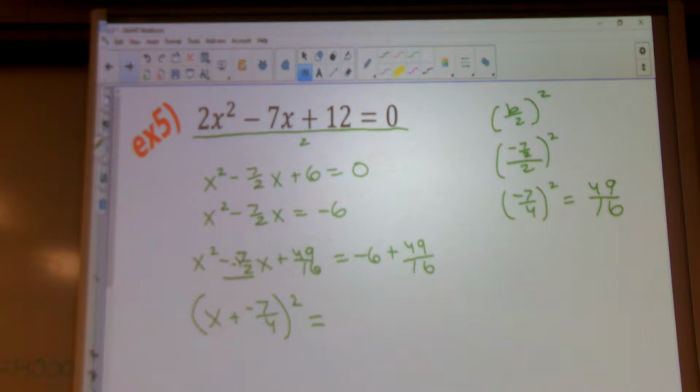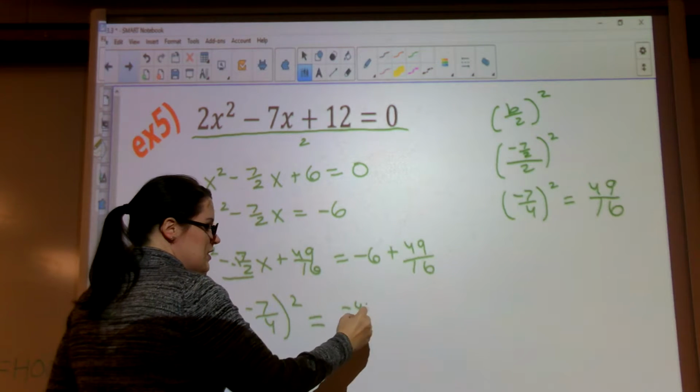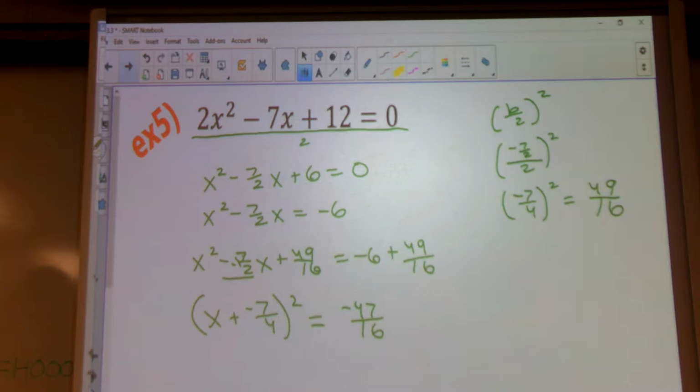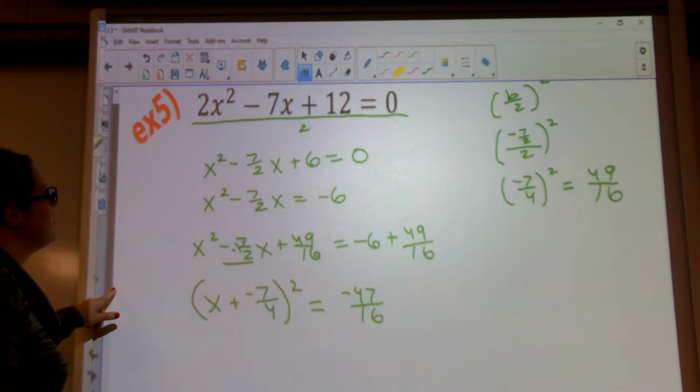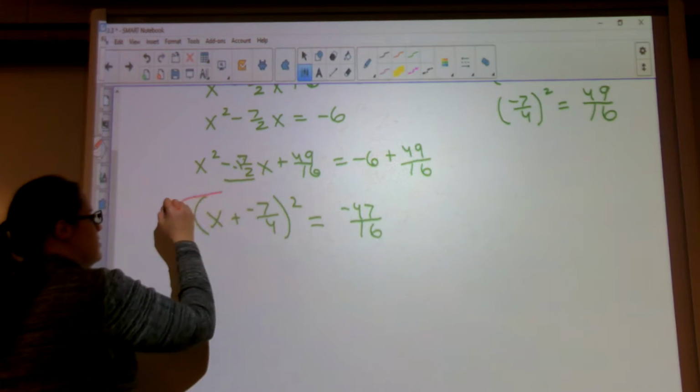49/16 plus negative 6. Give me a fraction. Is that correct? Yeah, 47/16. Negative? Oh, I see where this is going. Now, plus or minus square root.